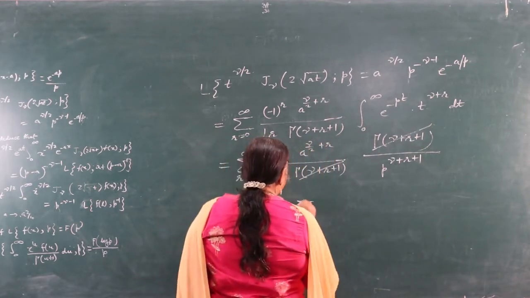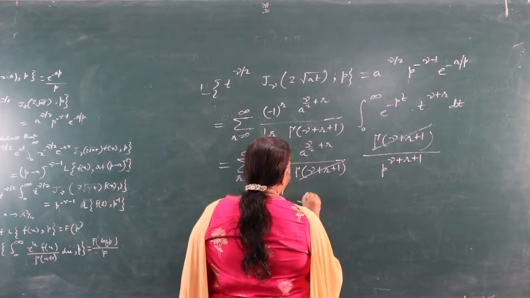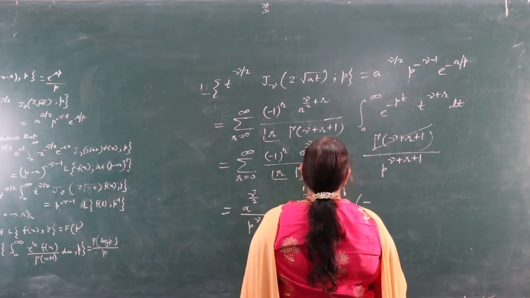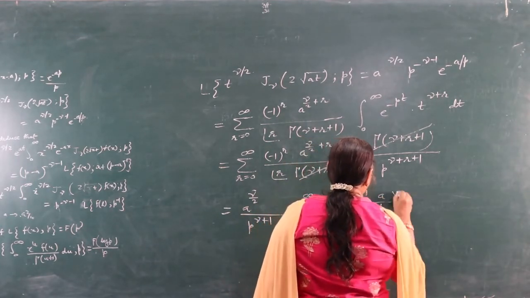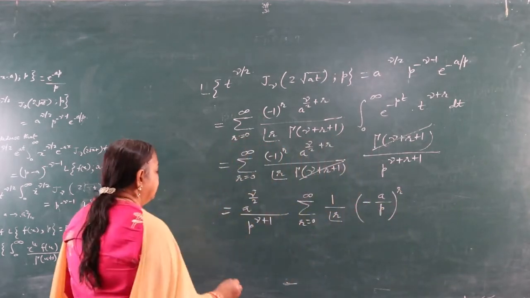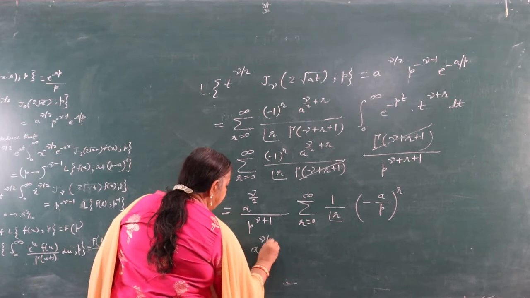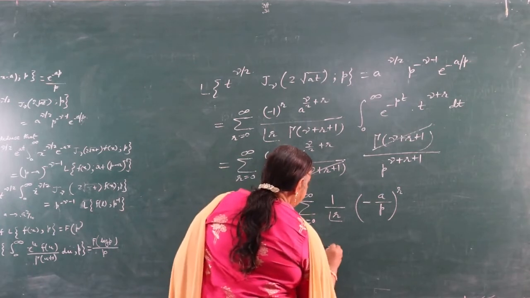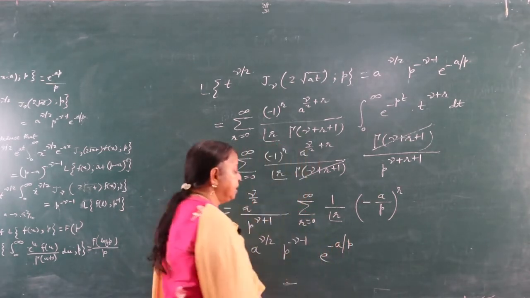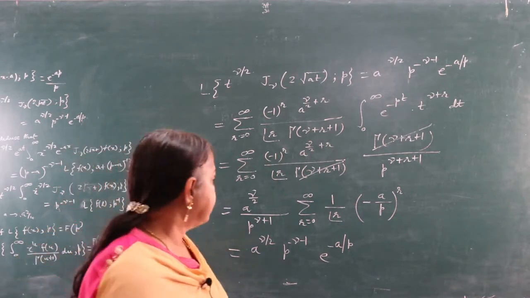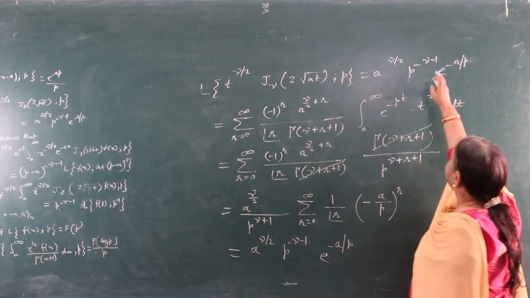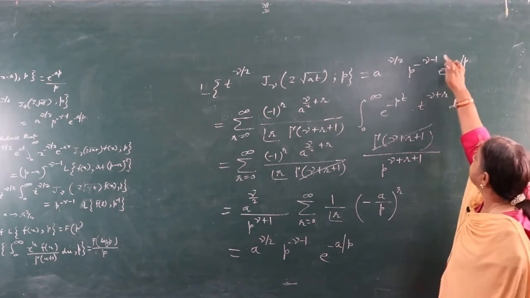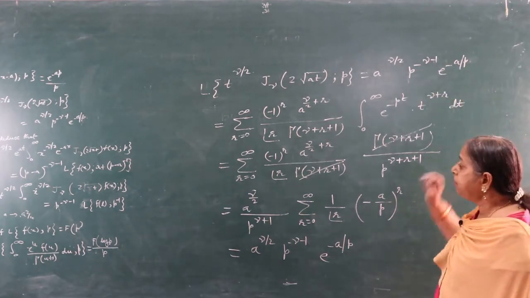So we have summation r is equal to 0 to infinity 1 upon factorial r into minus a by p raised to power r, and this is equal to a raised to power nu by 2 p raised to power minus nu minus 1, and this is the expansion of e raised to power minus a by p. So we have proved this is equal to a raised to power nu by 2 p raised to minus nu minus 1 e raised to power minus a by p.